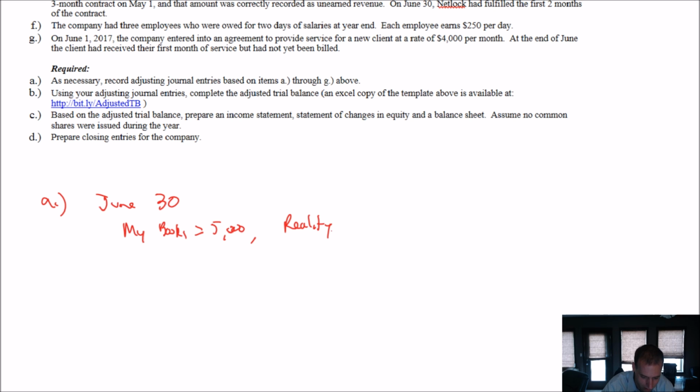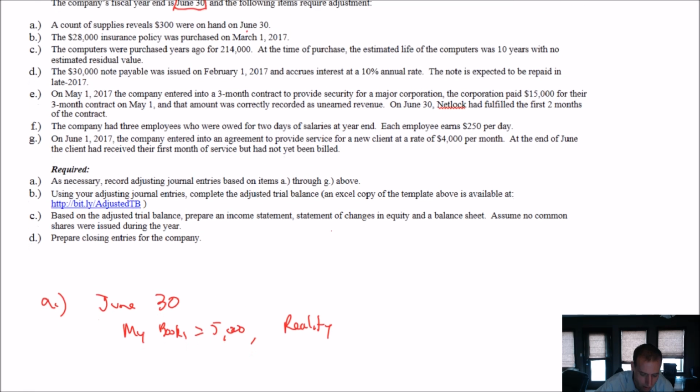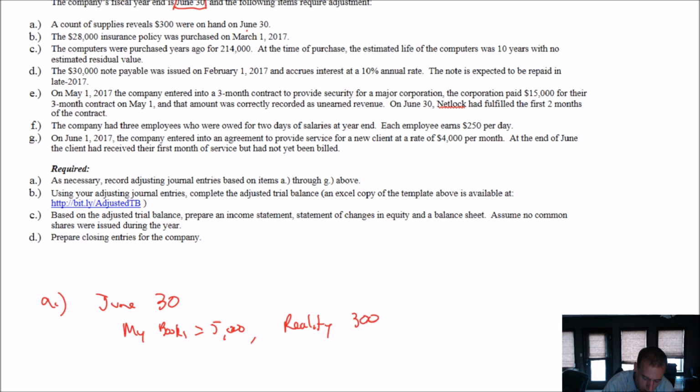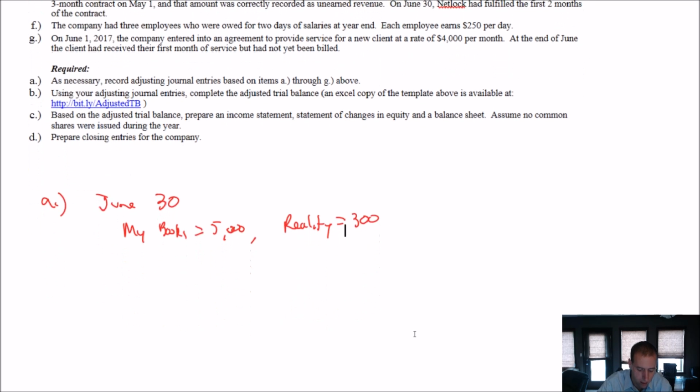Reality, I go out and count, and reality shows me that there's just 300. The difference is 4,700. I've used $4,700 worth of supplies that I need to record that are gone now. $4,700 worth of supplies have been used up or expensed.